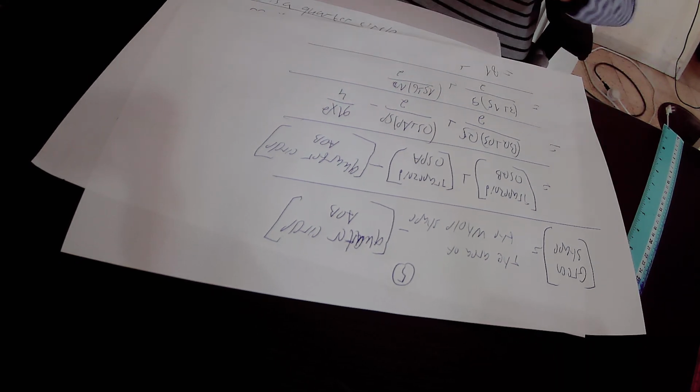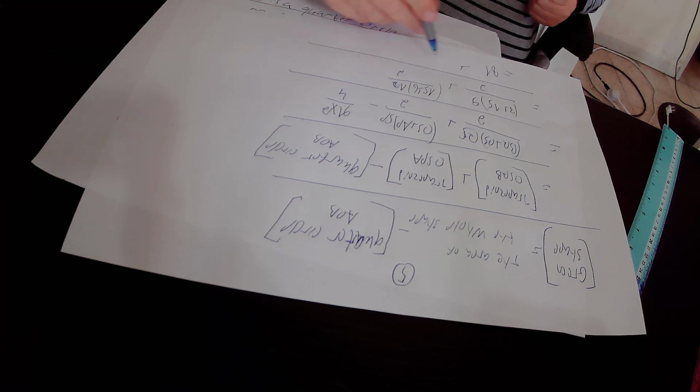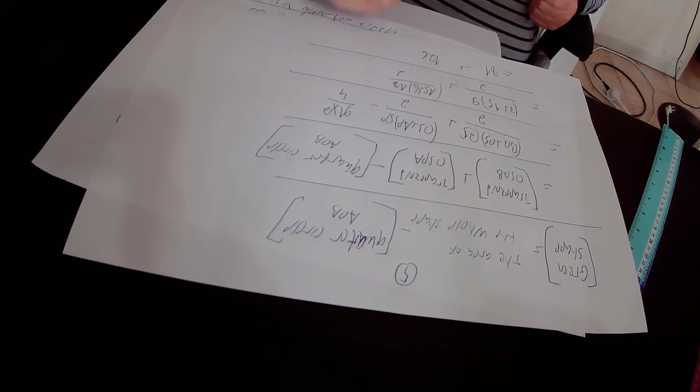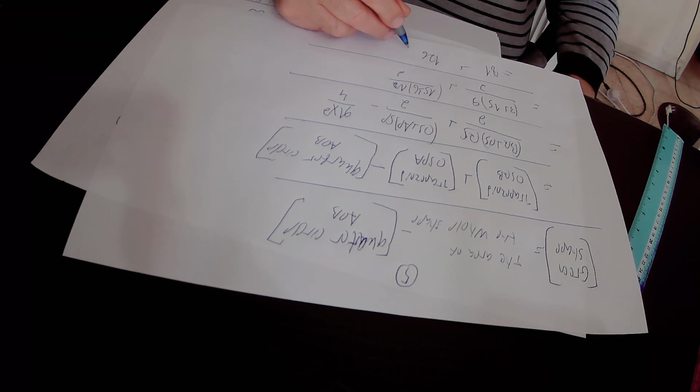So 15 plus 6 is 21, and 21 times 12 over 2 is 6. So 21 times 6 is 126. In conclusion, we found out that the area of trapezoid OSPA is equal to 126 square units.